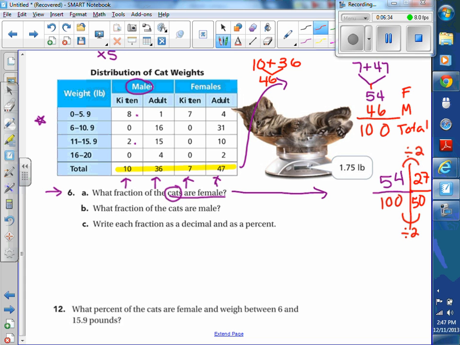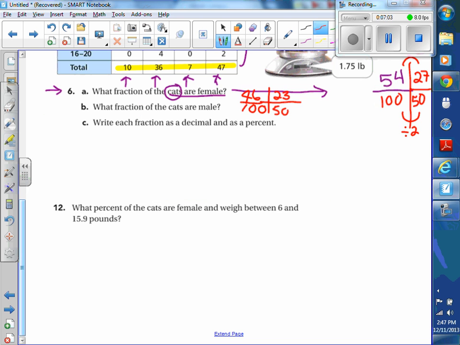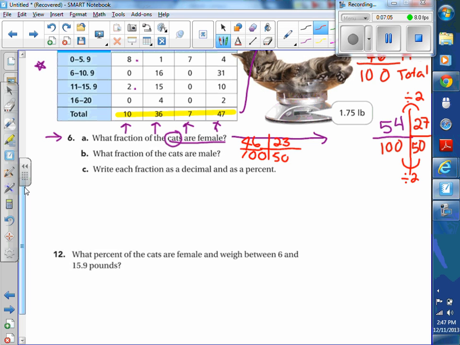And then how many males are there? 46 males, so 46 out of 100. So reduce that. 23/50. Good.